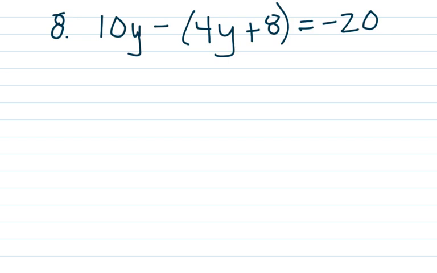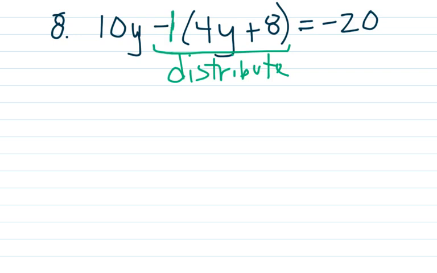Before we combine like terms, you may notice that we have these parentheses here. So we're actually going to distribute the negative. You're saying, how do you distribute a negative? Well, technically it is a negative 1, and that negative 1 is going to be multiplied into this first term and this second term.